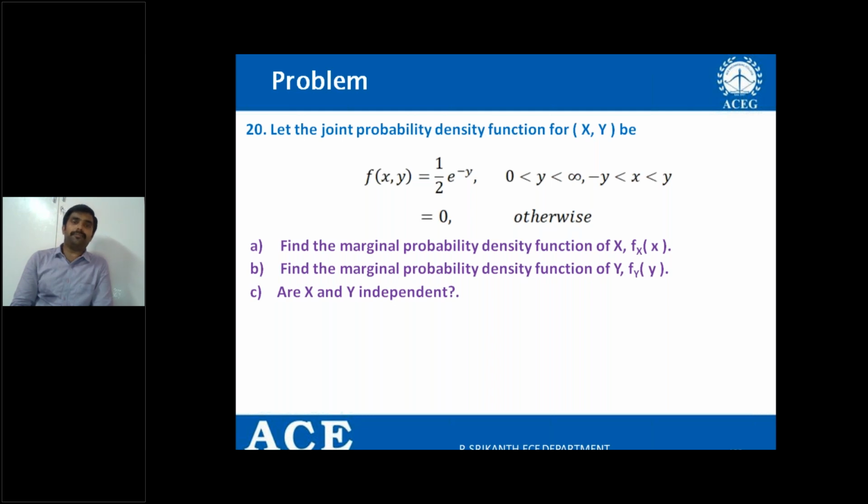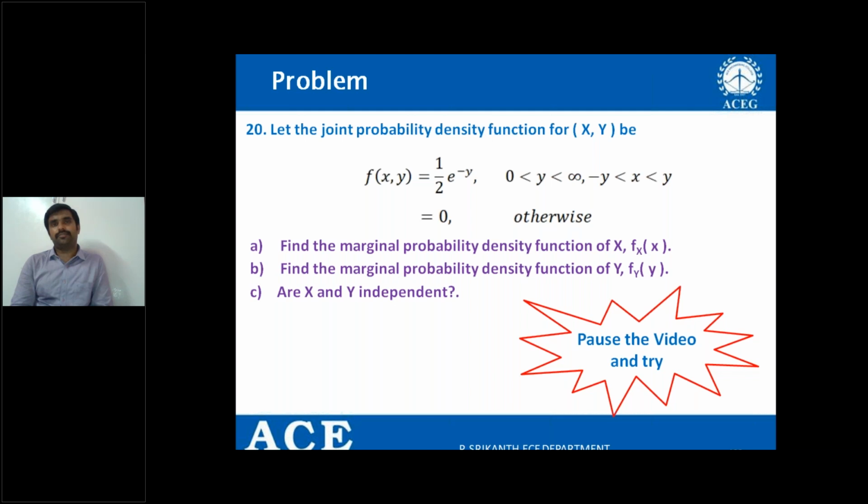Find the marginal probability density function of x, that is small f_X(x), and the marginal probability density function of y, that is small f_Y(y), and check whether x and y are independent or not. Try to solve. Pause the video and try.